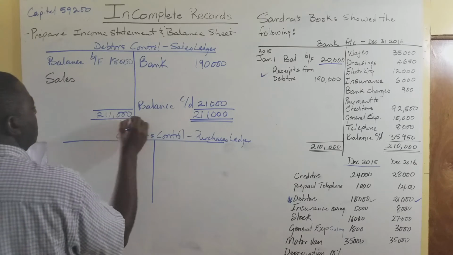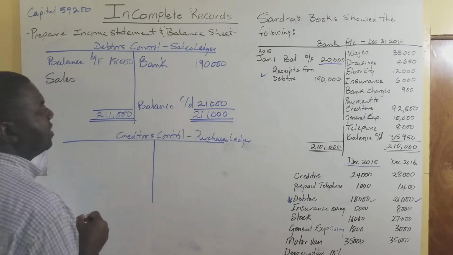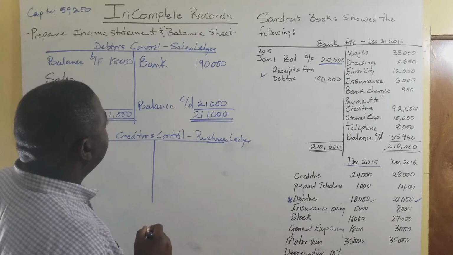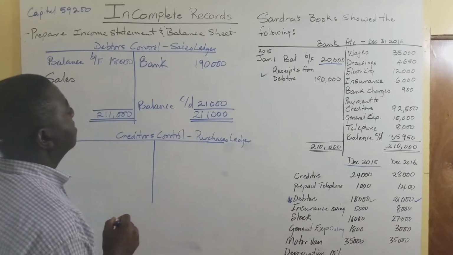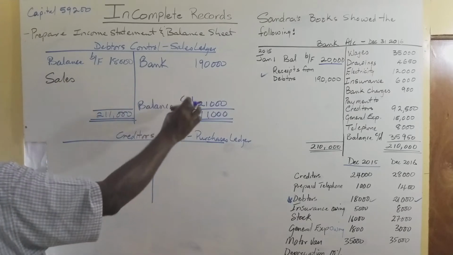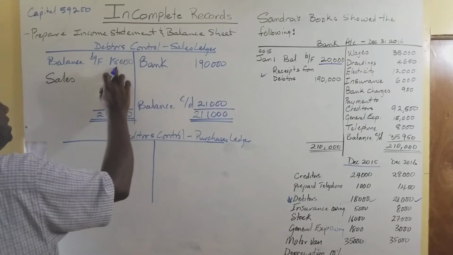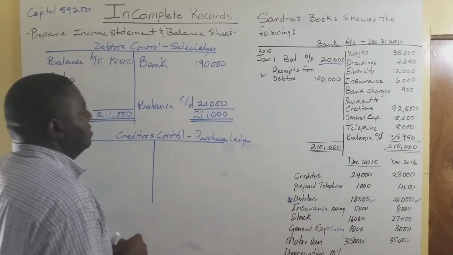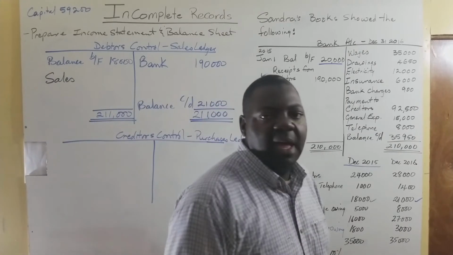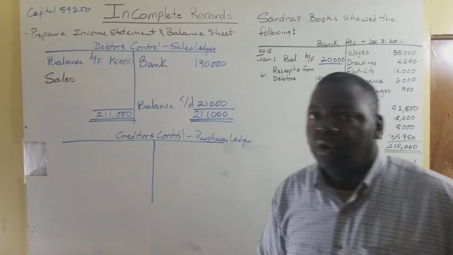All right. I'm just looking back to make sure my addition is correct. Yes, good. So we're going to subtract now the 18,000 from the 211,000, and that is going to give us our sales figure.